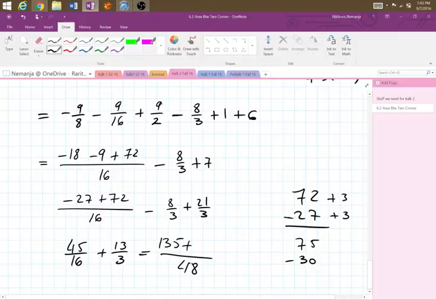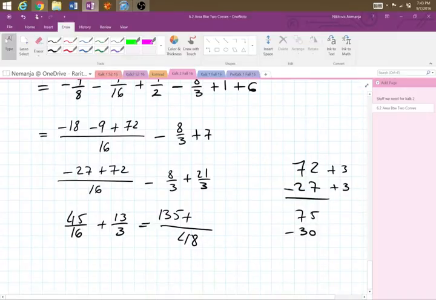Plus, what are we going to do for 16 times 13? But how much is 16 times 10? 160. And then 3 times 16 is 48, so 208, right?